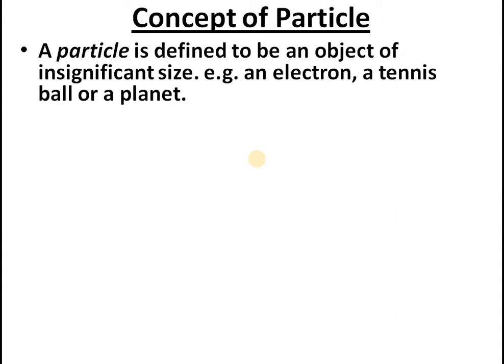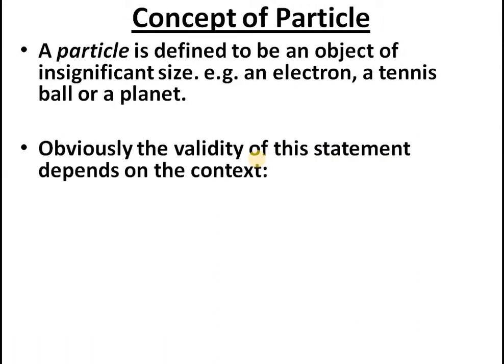For another situation, tennis ball may be counted as particle, and for another situation, any planet may be counted as a particle. So that depends on the condition or the relevance or which situation you are discussing. Okay, so that is why we say that validity of the statement depends on the context.